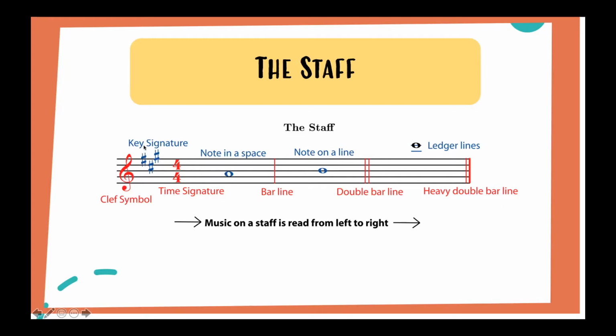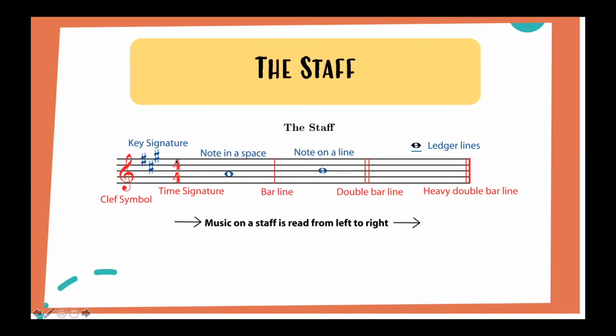We have the key signature. So sometimes, when we go to church, you can hear somebody say, "Oh, can you play this song in C, or can you play this song in D?" So they are talking about the key signature, okay? And then we have also the time signature.